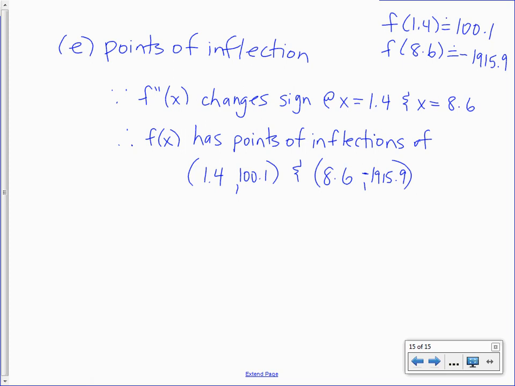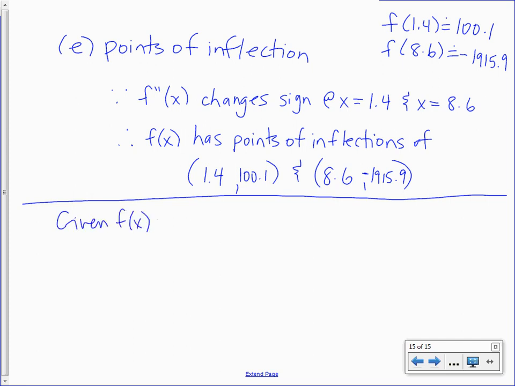Now, what if I gave you a function here? Let's do a separate example. Given f at x equals, just to save us time, guys, I'm just going to do a quadratic. I know it's easy, but be prepared for this. This could be a cubic or something.